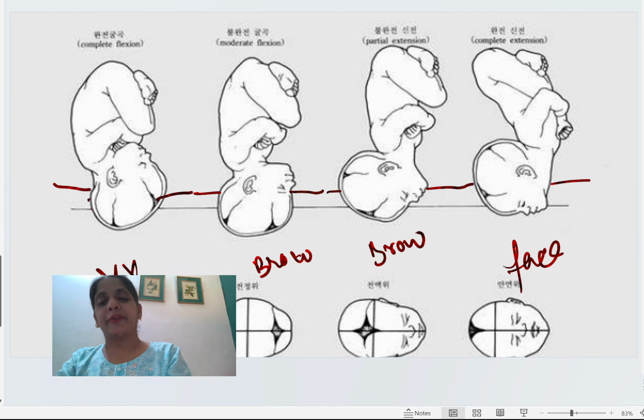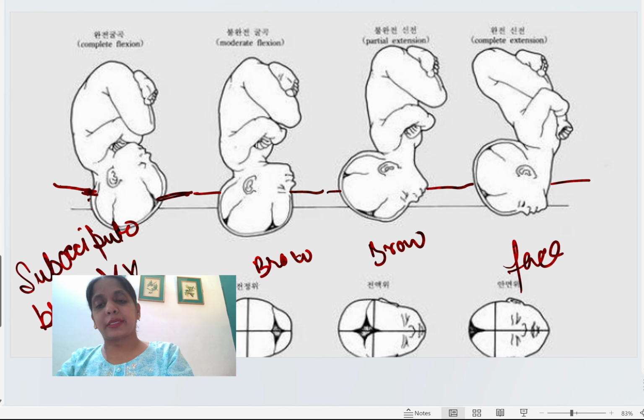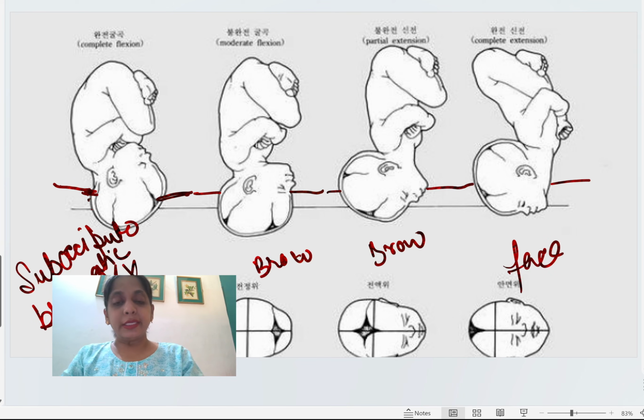In the case of the vertex, what is entering? Suboccipito-bregmatic. In the case of the brow, what is entering? In this condition it is mento-vertical, and this point on the head is known as vertical, mento-vertical, right?